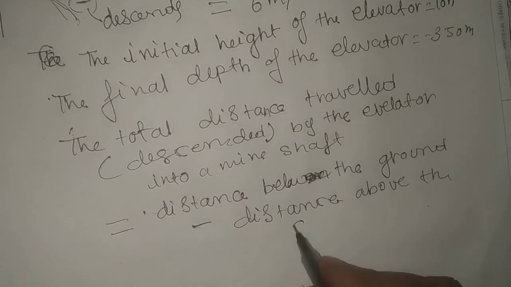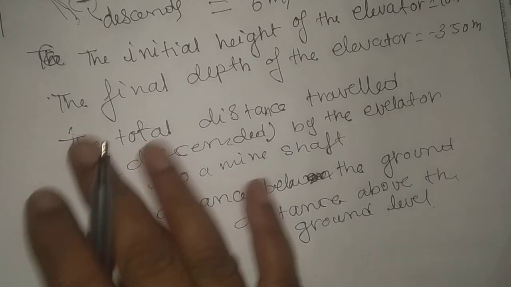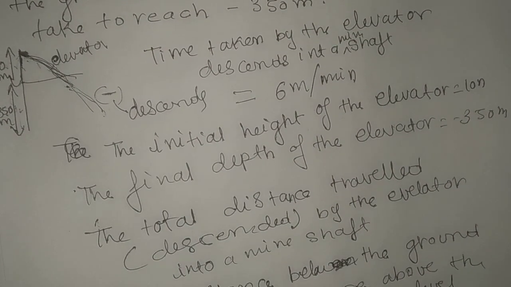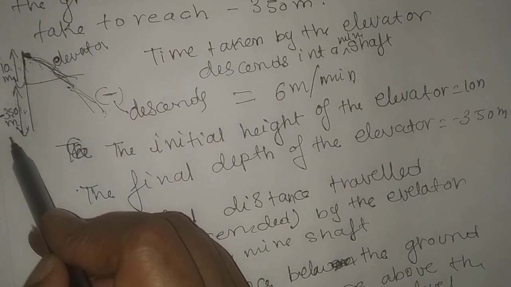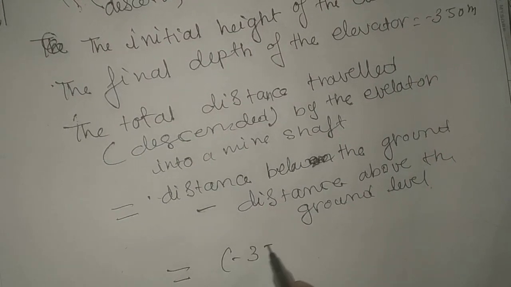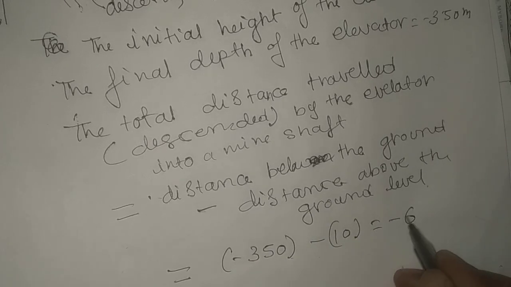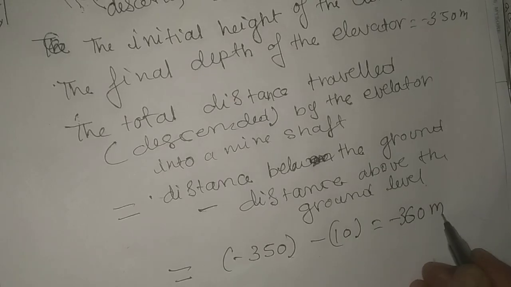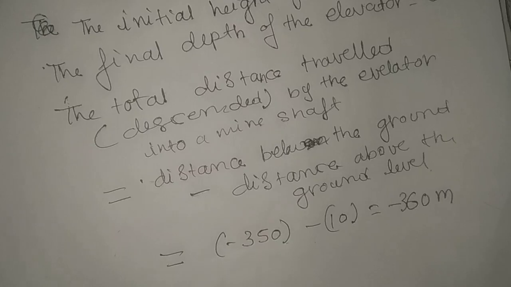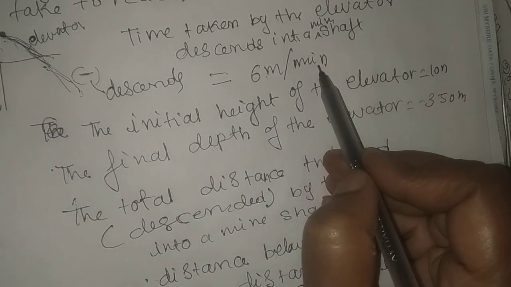So this is the distance traveled by the elevator. This is equal to minus 350 minus 10 is equal to minus 360 meters. So now the time taken for the elevator to descend into the shaft is 6 meters per minute.